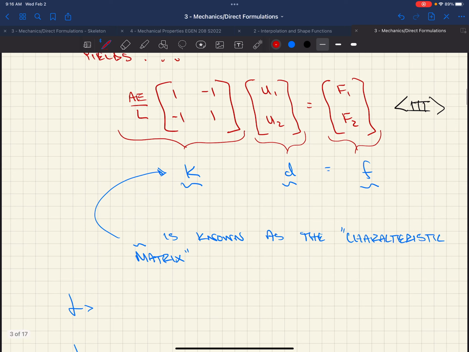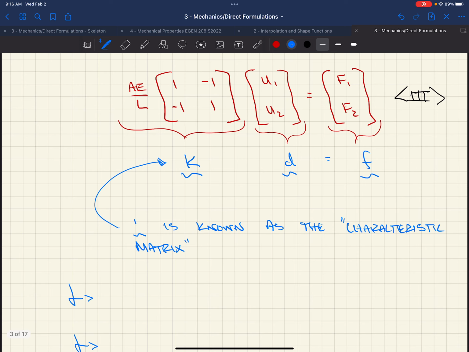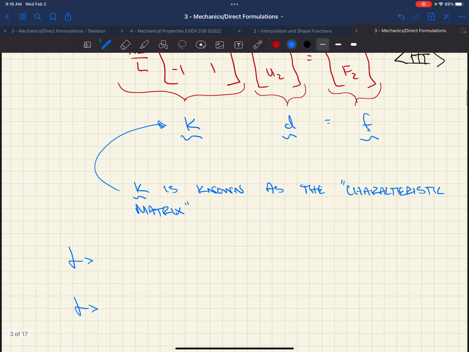This K matrix, in finite element terminology, is what we would call the characteristic matrix. It's the characteristic matrix because not everyone is interested in structural engineering. So sometimes this might be characteristic of, say, the thermal properties of a material, something other than stiffness.